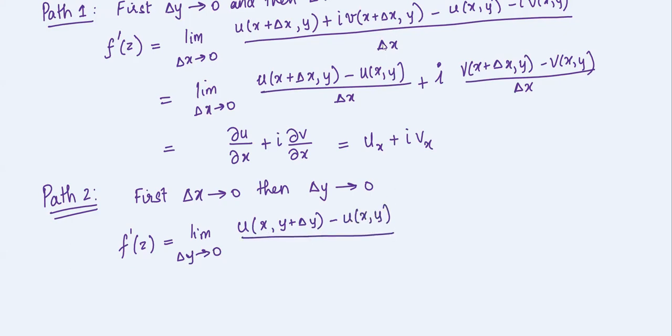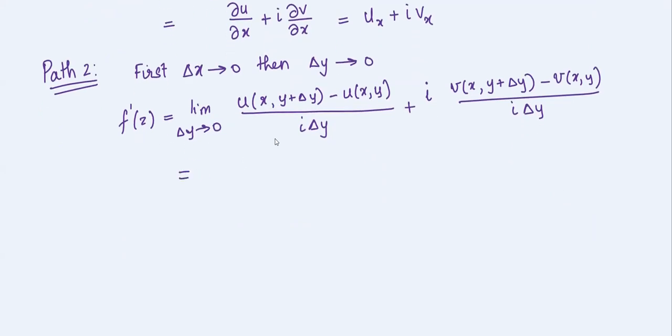What you get is, instead of delta x plus I delta y, as delta x tends to 0, I get I delta y in the denominator, and I times v of x comma y plus delta y minus v of x comma y by I delta y. So what we get is, 1 by I is minus I.